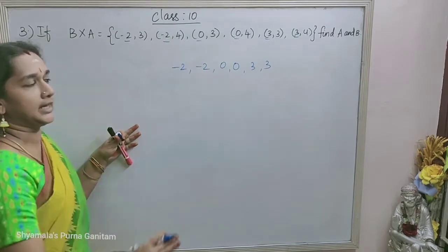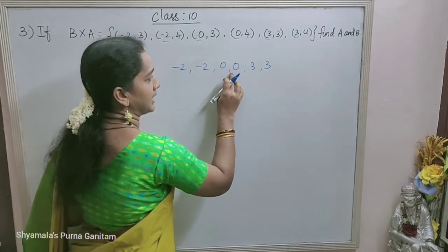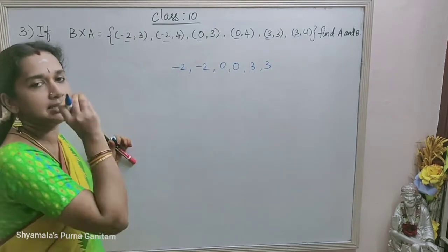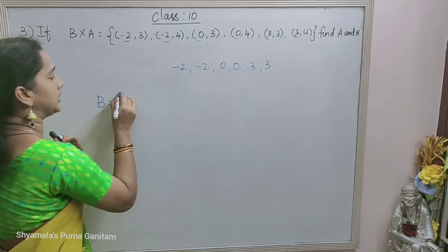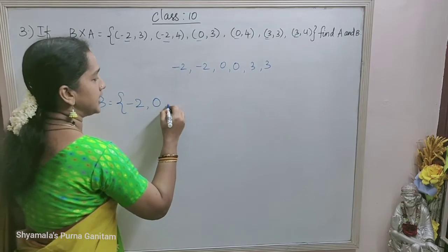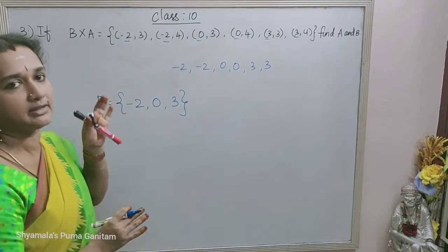Minus 2 is repeated one more time, and 0 and 3 are also repeated, so the number of elements is only 3. So B is equal to {-2, 0, 3}. These are the three elements in B.